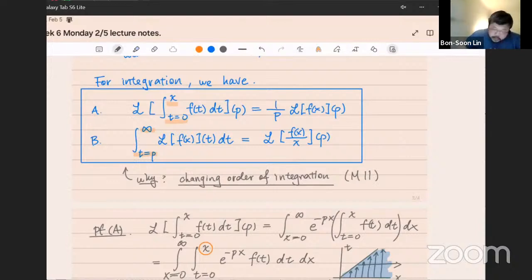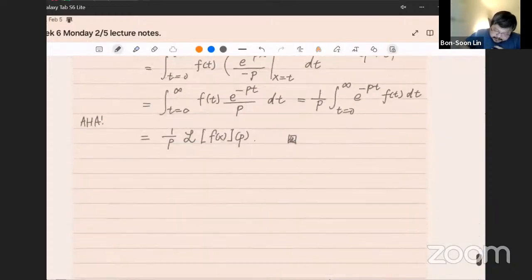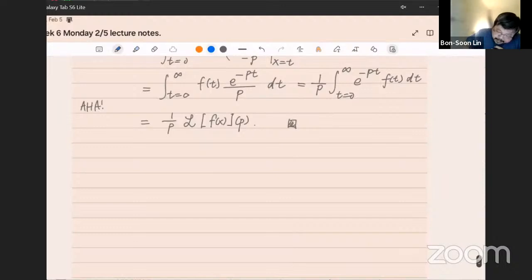So let me show you a quick example usage of this rule.